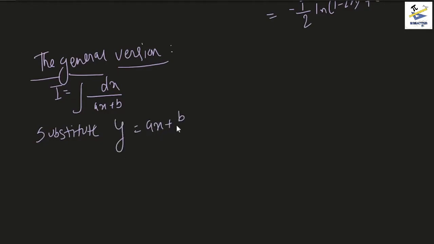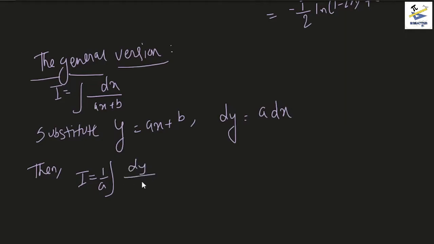Now when we substitute y equals to ax plus b, we have dy equals to a into dx, right? Then I should be equal to the integral where dx is dy by a, so put a 1 by a outside, dy here, and this should be y. So this would give you 1 by a ln of y plus c, and if you put back the value, it would give you 1 by a ln of ax plus b plus c, which is the answer.